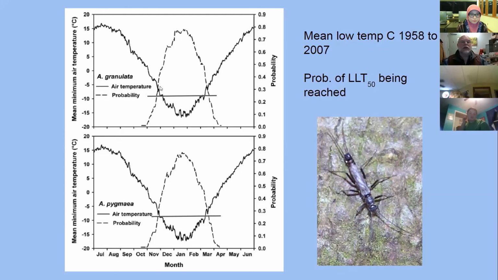This other line, this dotted one, is the probability that on that particular date the temperature is reached that matches the lower lethal temperature for that species. And you can see the probability is high that this species freezes if it's exposed from sometime late November to sometime mid-March.